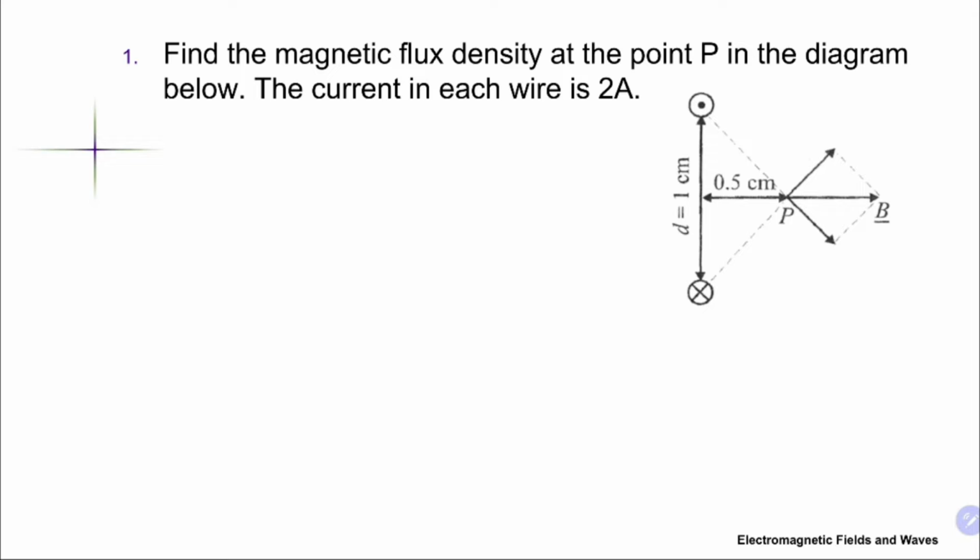Okay, so if you have a wire that's carrying a current I, the easiest way to find the magnetic flux density is to apply Ampere's law.